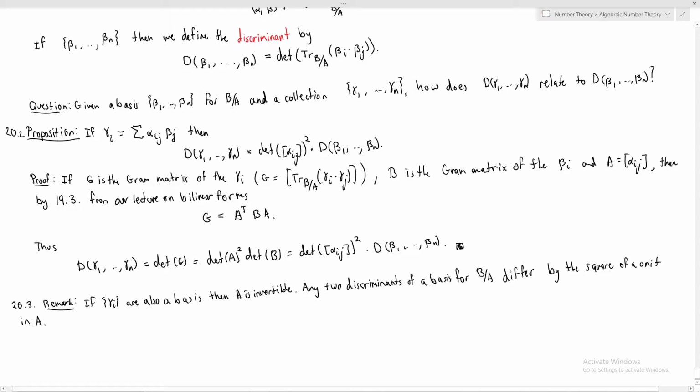So this is kind of an important observation here. So this is going to allow us to essentially make the following definition.